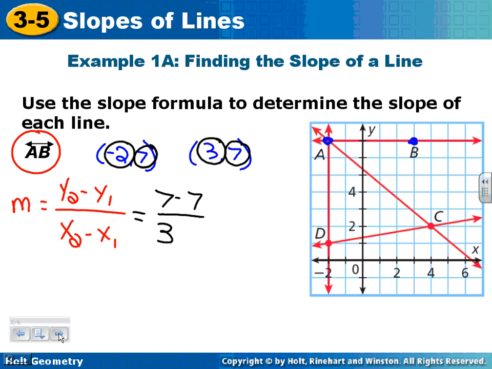So I write it 3 minus -2. That's 0 over 5. Remember, the 5 comes from 2 negatives in a row making a positive, and that simplifies to just 0. Which means the slope of this line is 0.